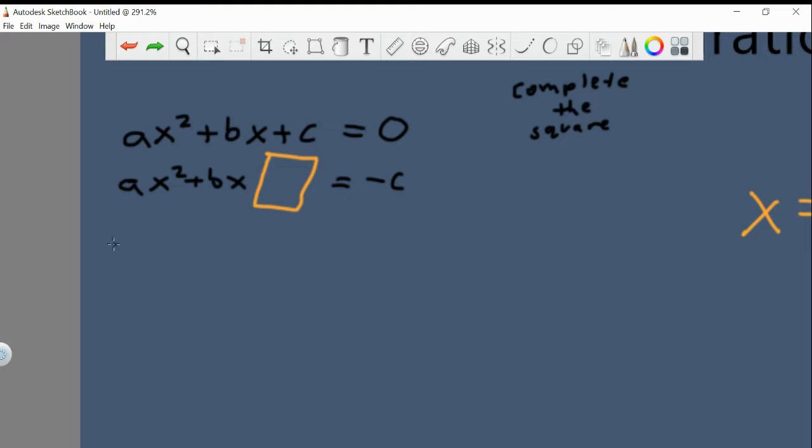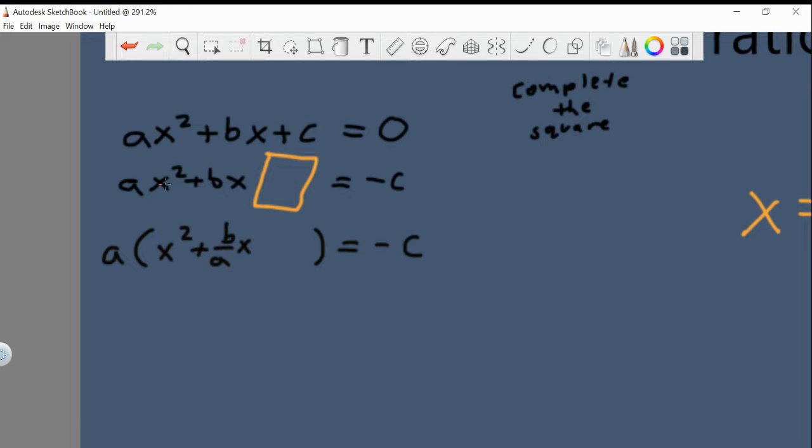When we do that, we take out the a, and left over on the inside we have ax squared, but we lost the a, so it will just be x squared. And this is probably the hardest part of the whole thing to understand. We have bx and we need to take away an a. The way we're going to write that is b over a times x.